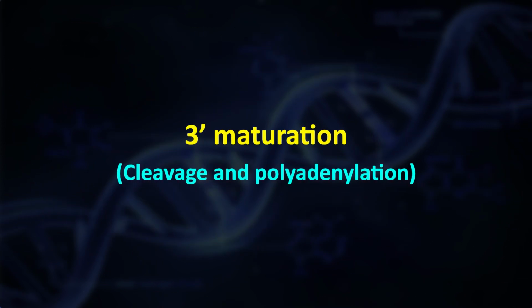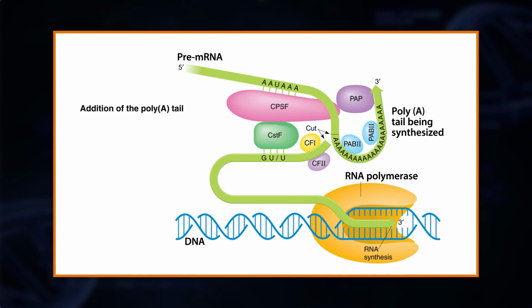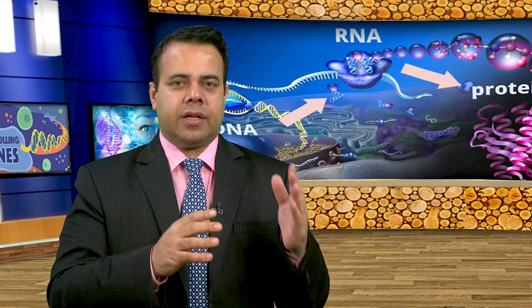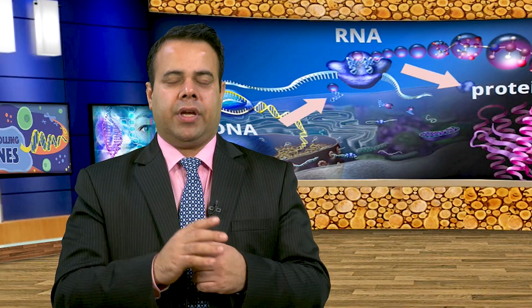Dear students, let's now talk about the maturation at the 3' end, that is cleavage and polyadenylation. When a string of adenine nucleotides is added to the 3' end of the primary transcript, it's known as polyadenylation. Proteins are the ingredients required for polyadenylation, transcript, and cleavage.